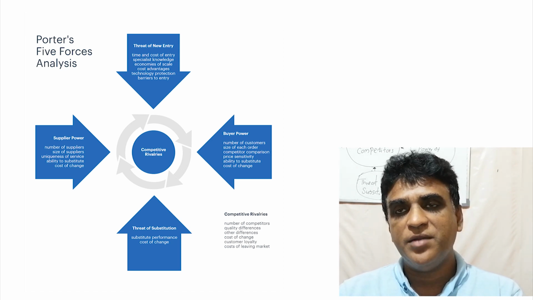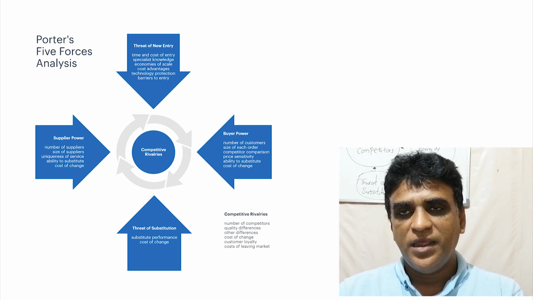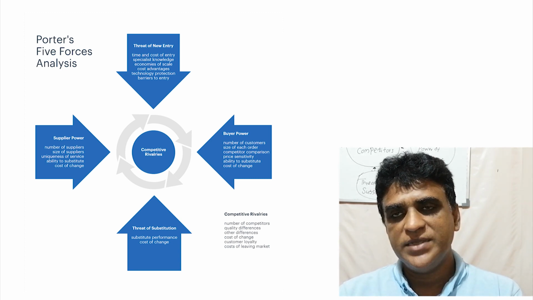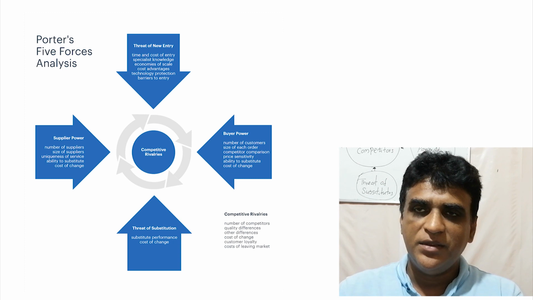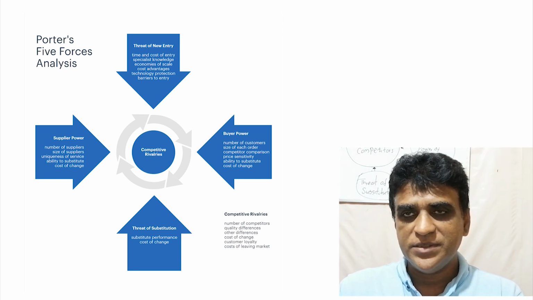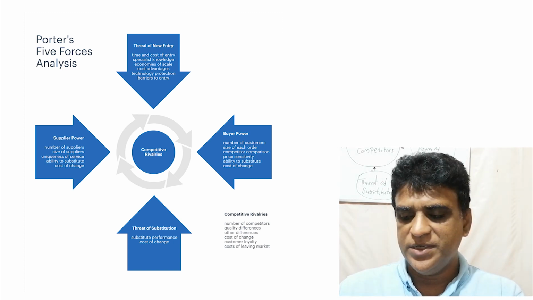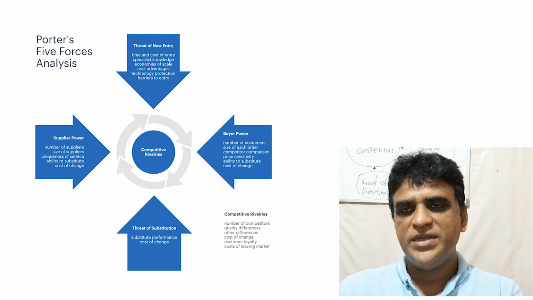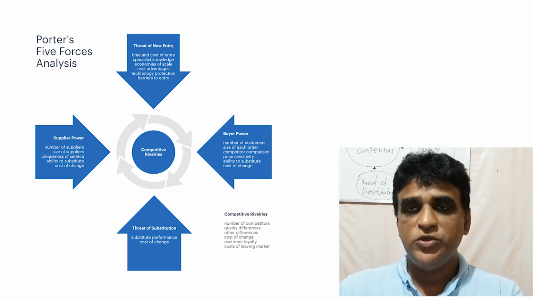Customers bargain if there are more suppliers. If they are not getting the expected price, customers can move to another supplier, as there are so many suppliers. If not, customers are not going to bargain. Suppliers and customers both are bargaining, for two different purposes.